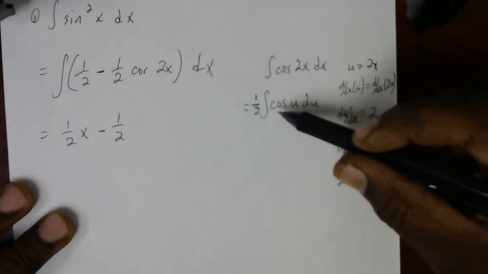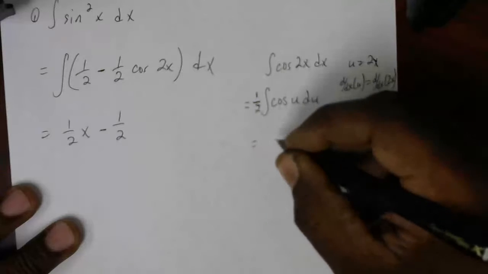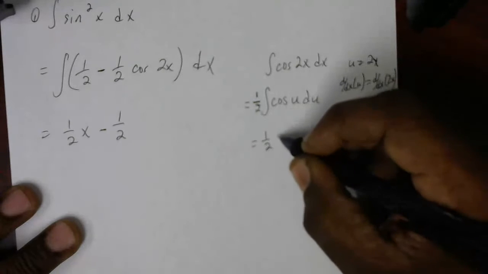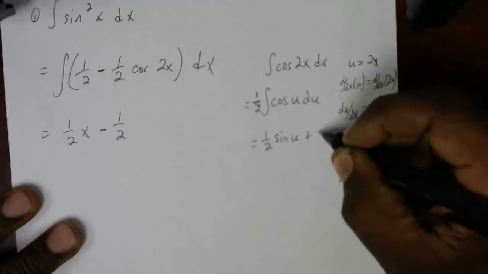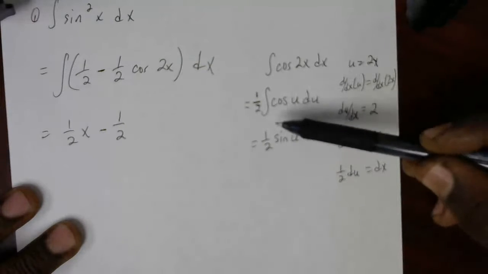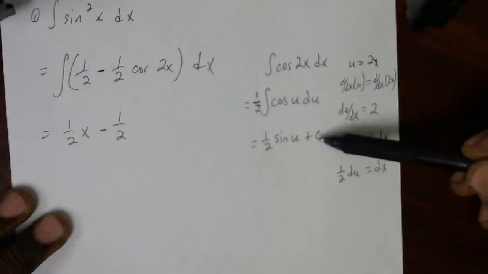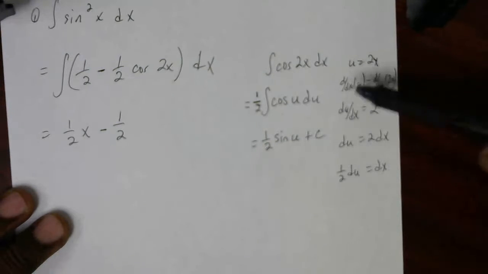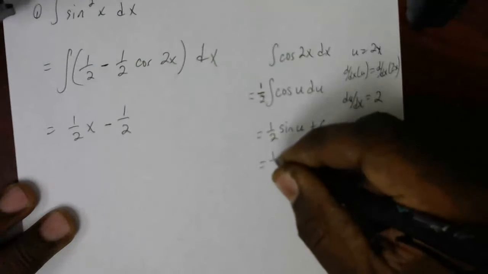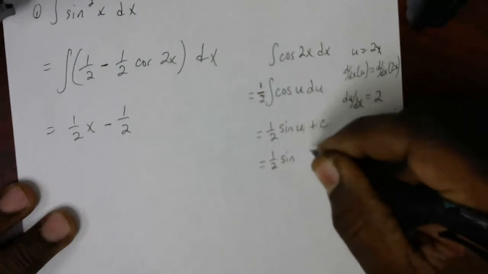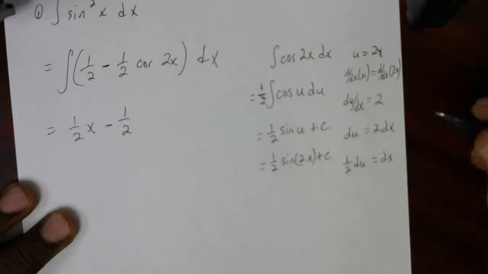The integral for cosine u is sine u, so I have 1/2 times the sine of u. Since I don't have any limits of integration, I must add the arbitrary constant c. And next I'm going to back substitute. u is 2x, so this is equal to 1/2 times the sine of 2x plus c.